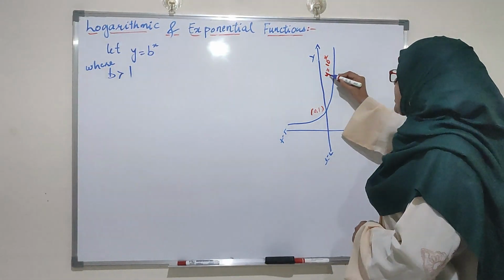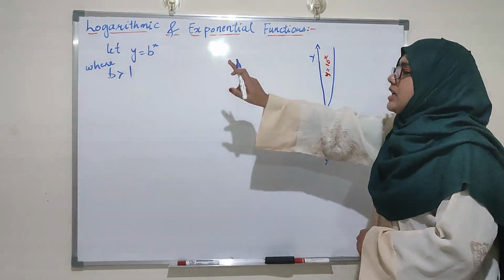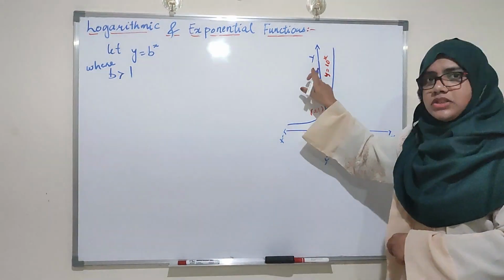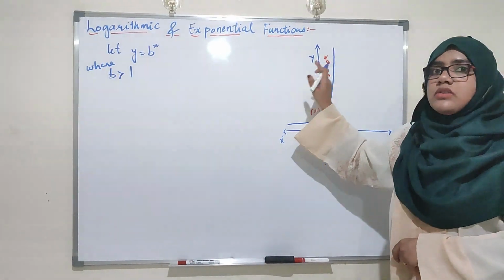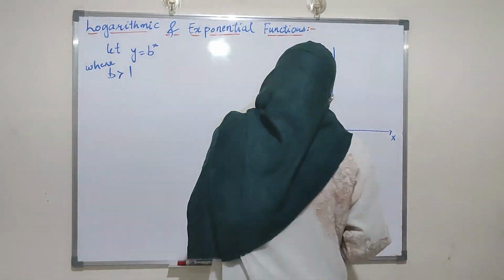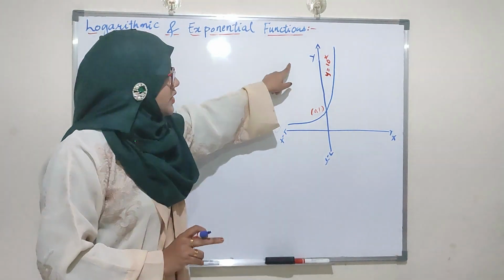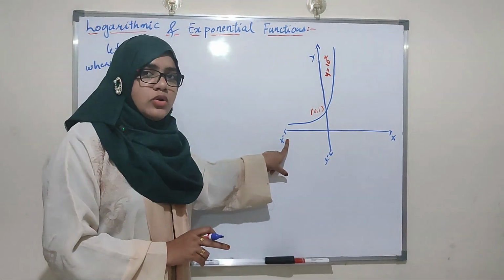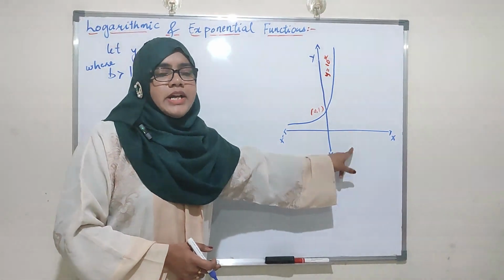That means the range of the given exponential function, the y value, is always positive, while the x values of the domain may be any positive or negative real number.